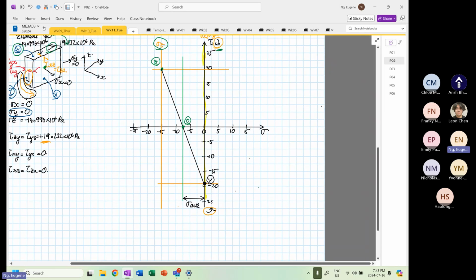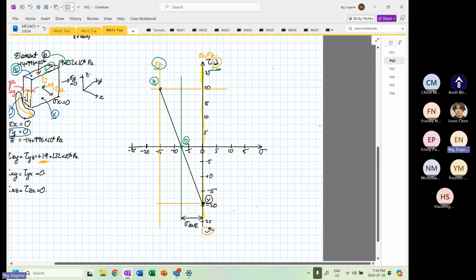And the stress average is very straightforward to calculate. We know that the stress average is equal to stress X or stress Z plus stress Y, divided by 2.